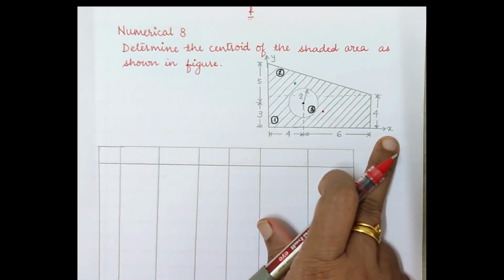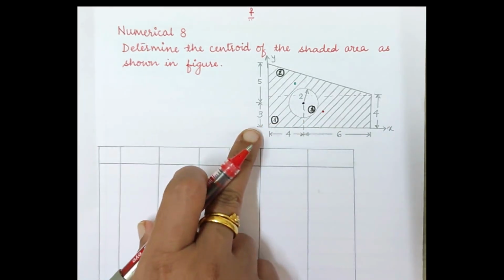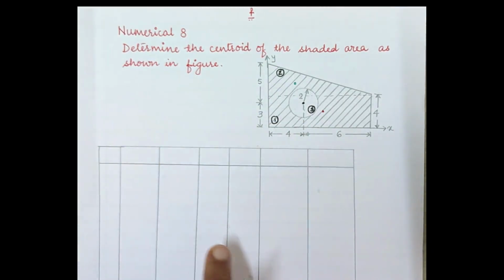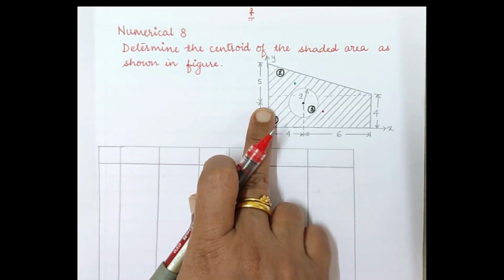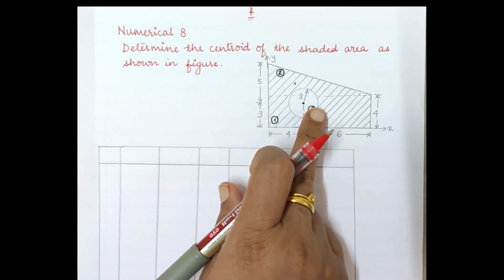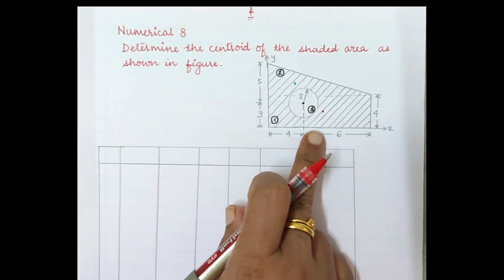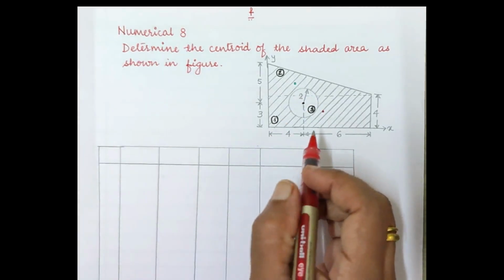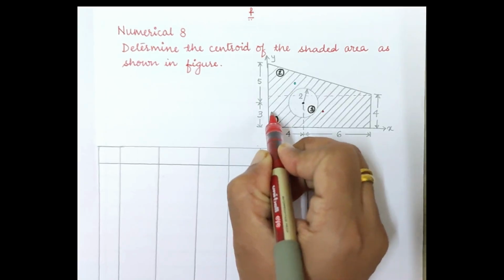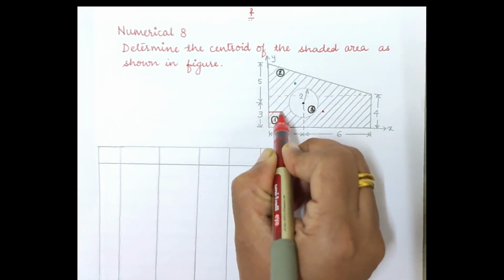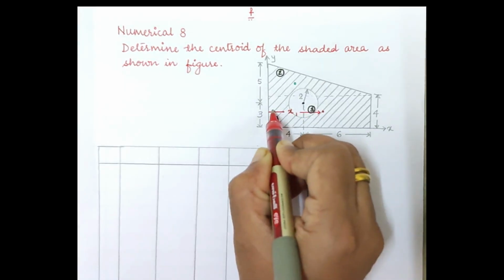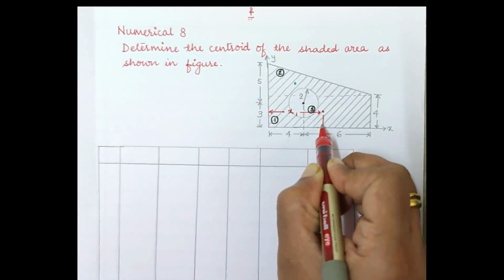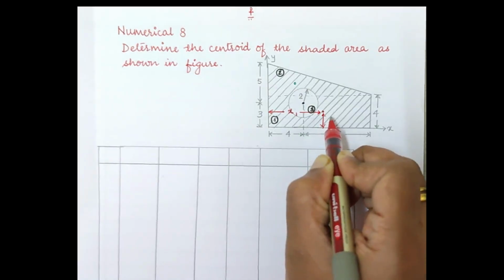So, we have here the x-axis, while this we have as the y-axis. The distances that we measure from the y-axis will be termed as x, and from the x-axis will be termed as y. Therefore, since this is figure number 1, this distance will be x1. Similarly, this distance will be y1.